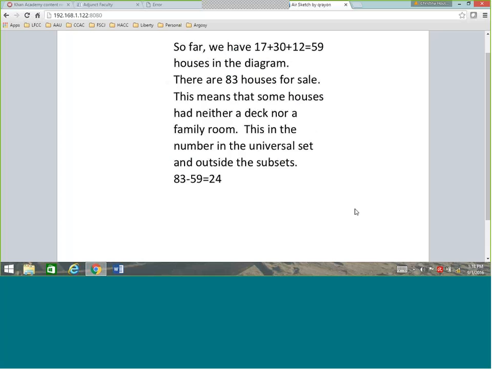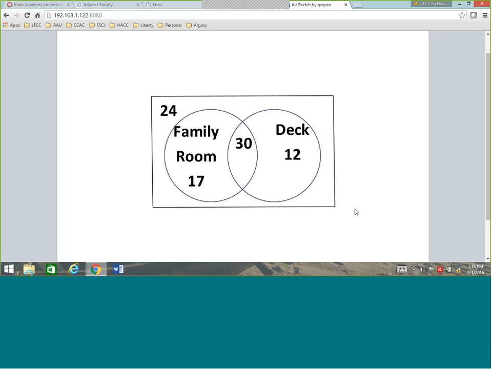When I subtract, I see that I need 83 total in the rectangle. I already have 59, which means there's 24 left. And those 24 would go in my universal set, anywhere inside the box as long as it's not in any circles.